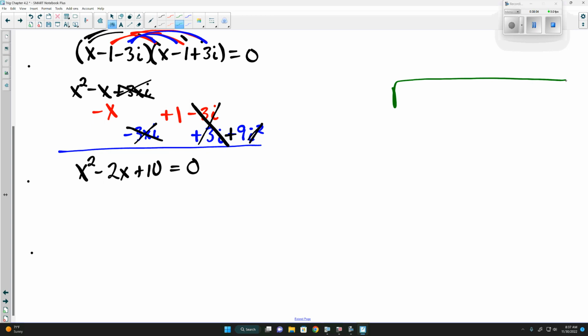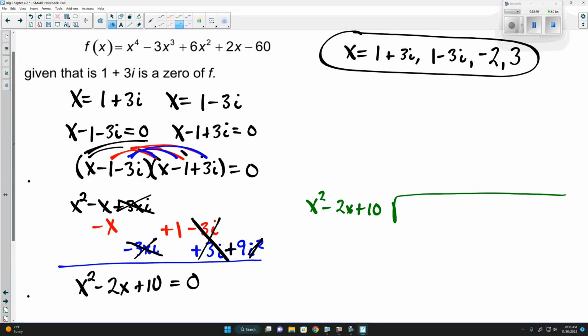It is possible to do it with synthetic division, but most of the time we just say use long division. We have x squared minus 2x plus 10 on the outside. Inside here is going to be x to the 4th minus 3x cubed plus 6x squared plus 2x minus 16.